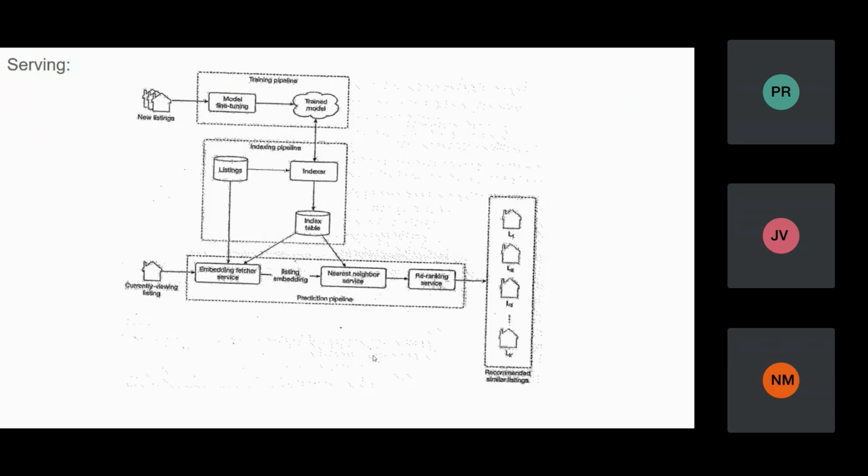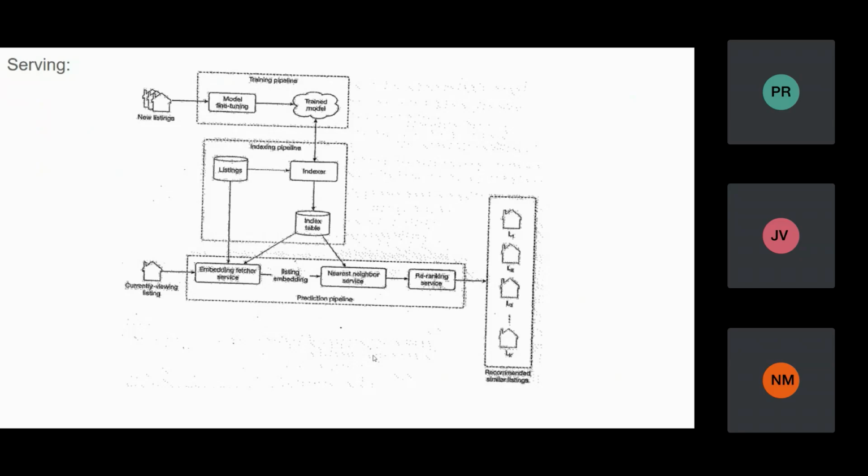Then we have the indexing pipeline, where all the embeddings using a trained model are pre-computed and stored in the index table, which significantly speeds up the prediction pipeline. The indexing pipeline is responsible for maintaining the index table, and if a newly trained model is available, the pipeline recomputes all the embeddings using the new model and updates the index table.